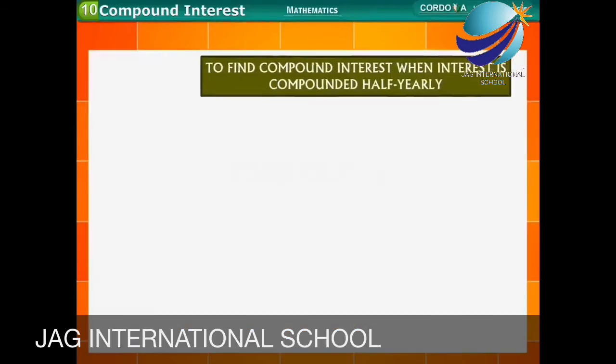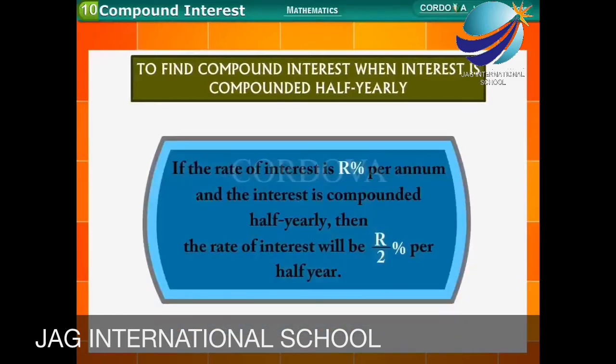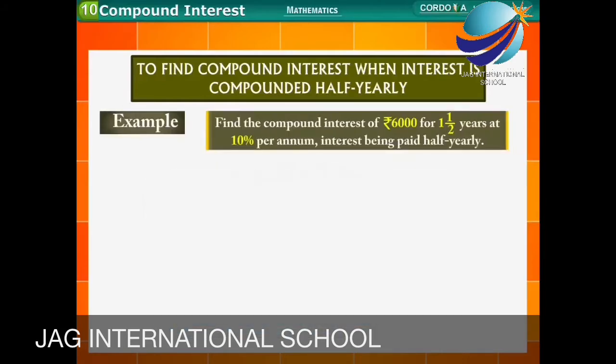To find compound interest when interest is compounded half yearly. If the rate of interest is R% per annum and the interest is compounded half yearly, then the rate of interest will be R divided by 2% per half year. Example: find the compound interest of rupees 6,000 for 1.5 years at 10% per annum, interest being paid half yearly.